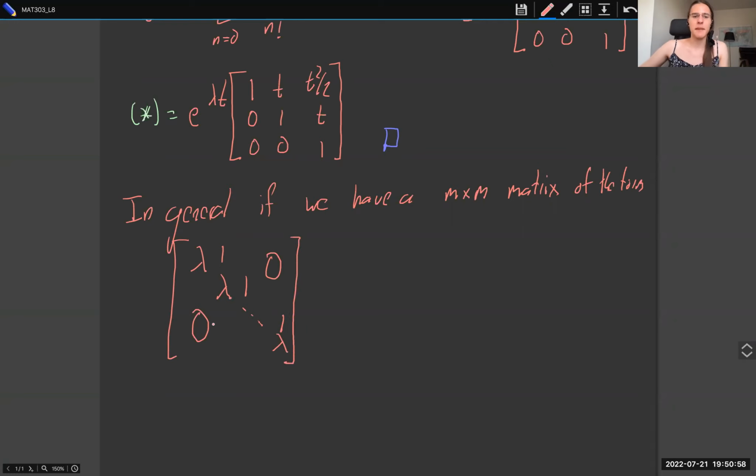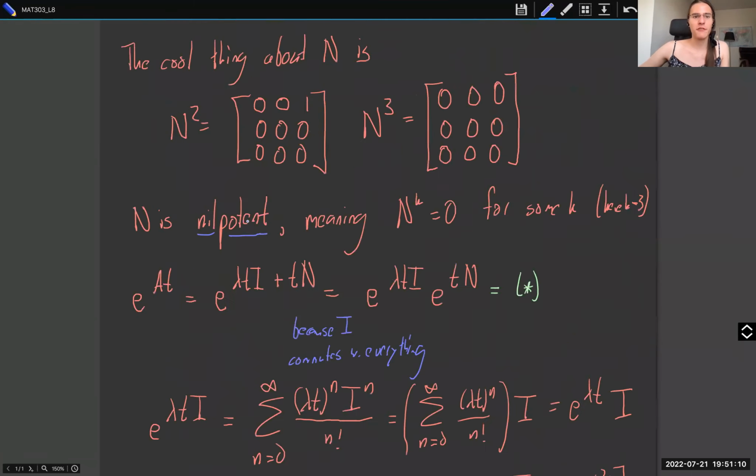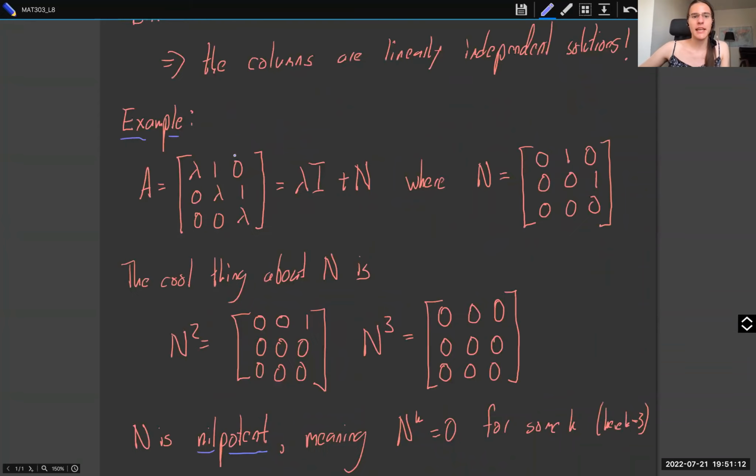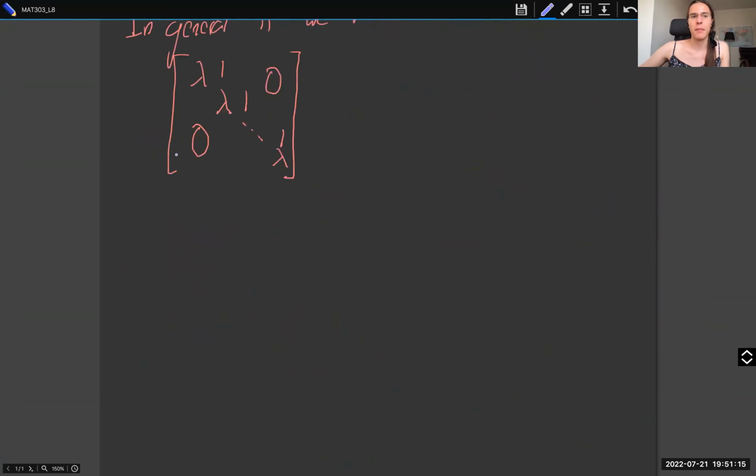Does this make sense as a matrix? So zeros everywhere, except lambda's on the diagonal and ones on the super diagonal, and it's an M by M matrix. So it's just a generalization of the previous case from being a 3 by 3 example to an M by M example.